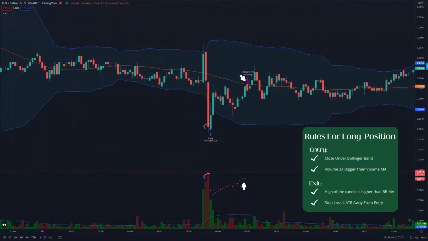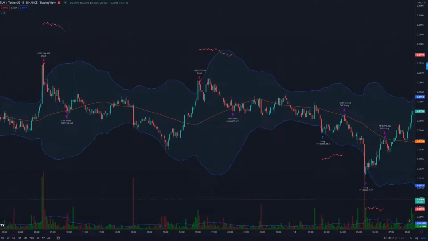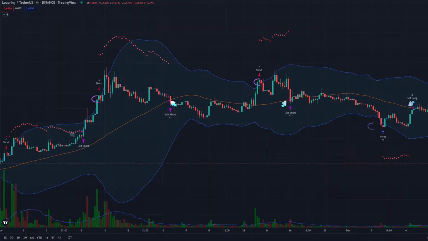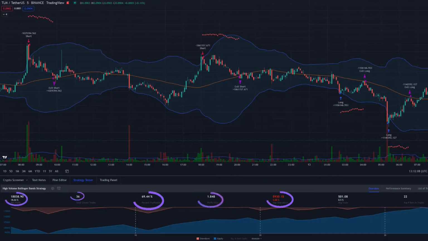Let's see more examples of it in action on different instruments. Okay, now we have some proof of how good this strategy was over the last 30 days.